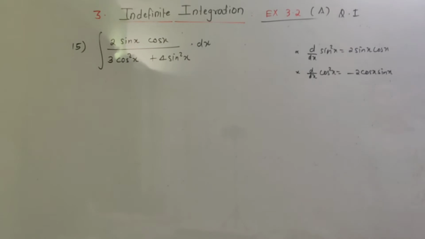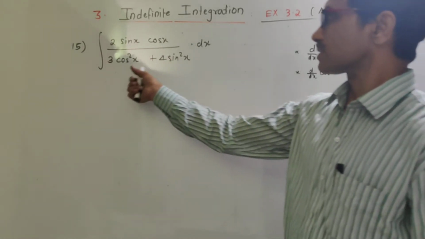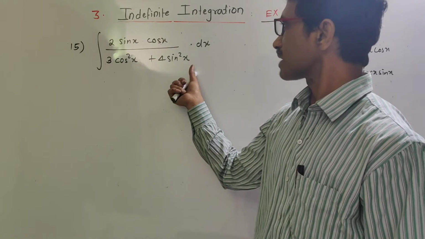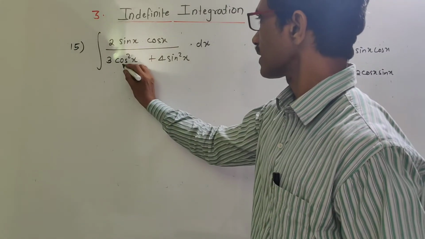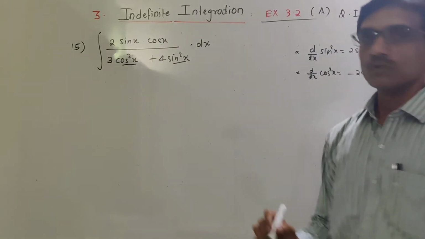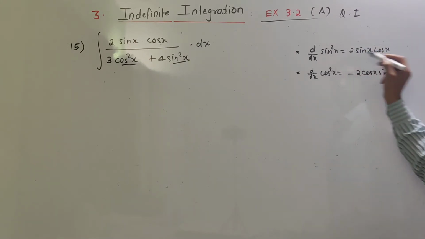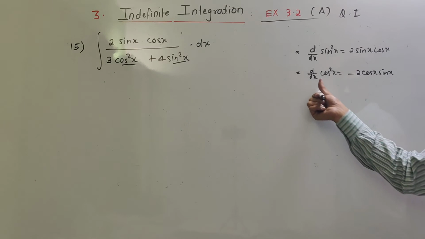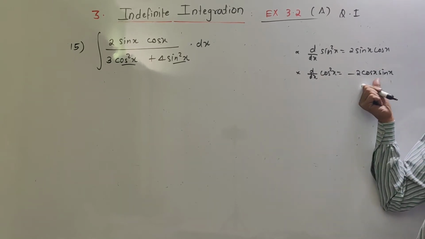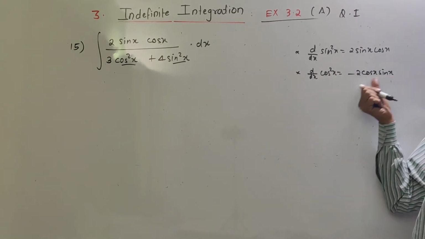Question number 15. 2 sin x cos x upon 3 cos square x plus 4 sin square x. Look at this, sin square x and cos square x. We know the derivative of sin square x is 2 sin x into the derivative of sin x, which is cos x, and the derivative of cos square x is 2 cos x and the derivative of cos x is minus sin x.